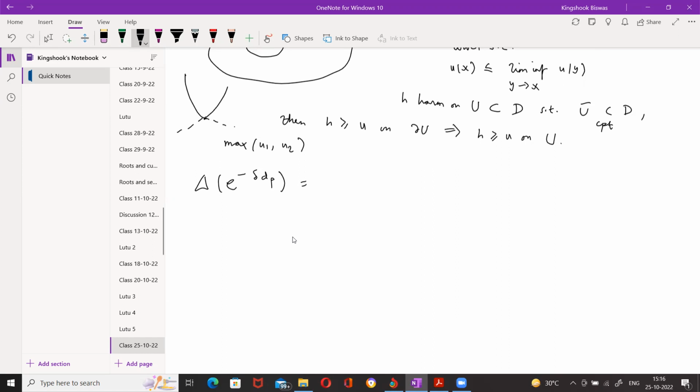So u double prime will give me a delta squared into, it's u double prime plus u prime. So u prime gives me a minus delta into the Laplacian of the distance function.